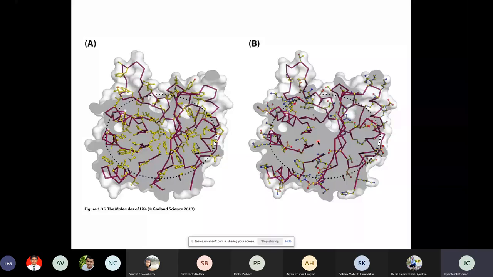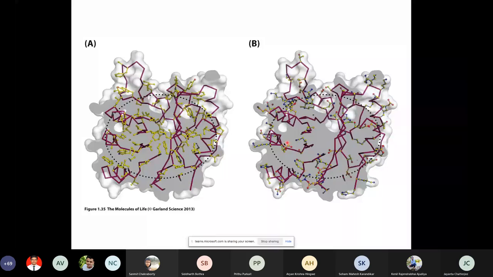The encircled region is the core of the protein, and the encircled region is the same in both. You can appreciate that the number of hydrophobic amino acids in the core is a lot more than the polar amino acids. Instead, lots of polar amino acids are found on the surface.